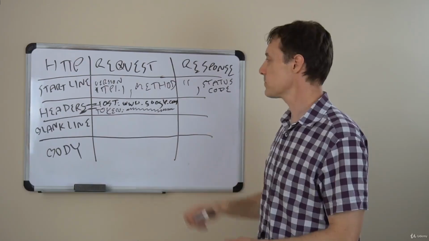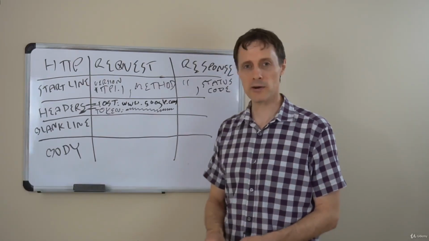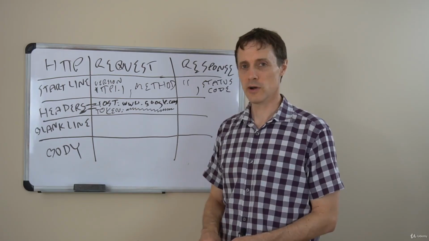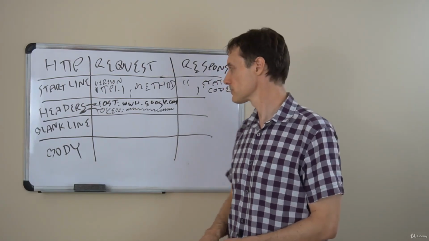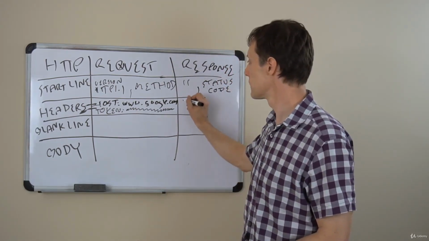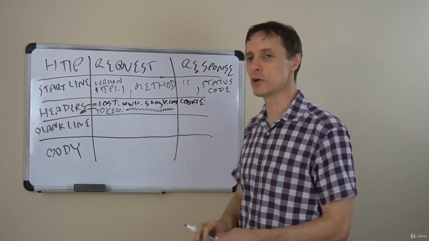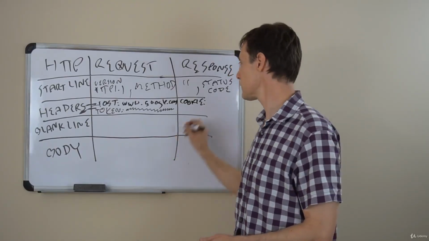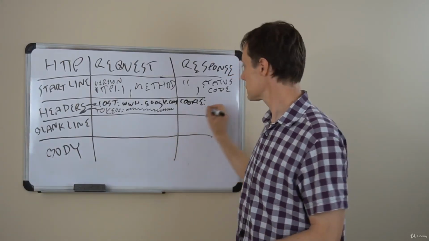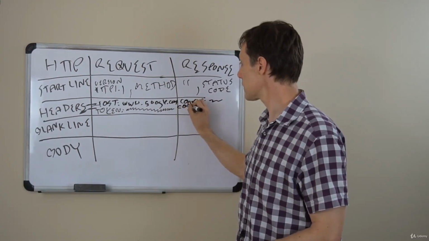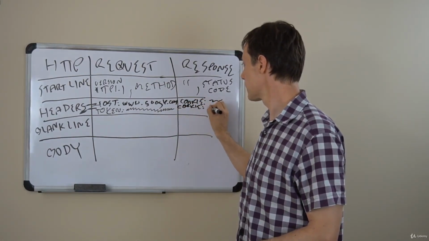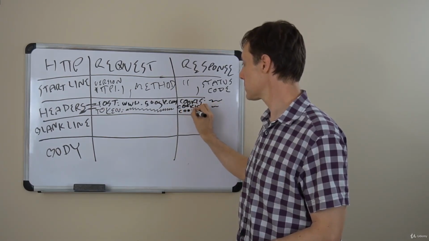What about in the response? What kind of things are in the header? What kind of headers are in the response? Cookie. I know all of you love cookies out there, so they can send over many cookies. You create another header, cookie, and send over as many cookies as they want.